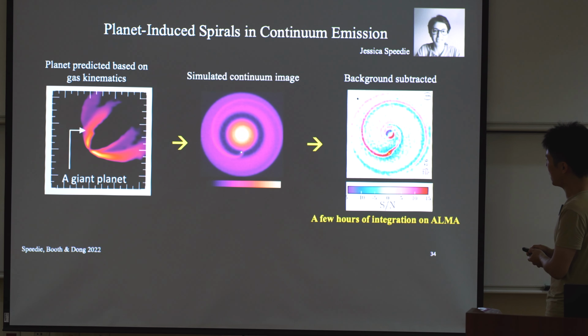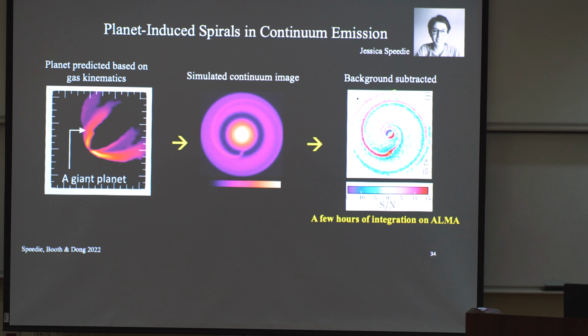So here is a planet. It indeed opens a gap in the simulation and drives the spiral arms. The gap is prominent. The spirals are a little less prominent. You can make it more prominent by subtracting the axisymmetric background to produce a residual map.